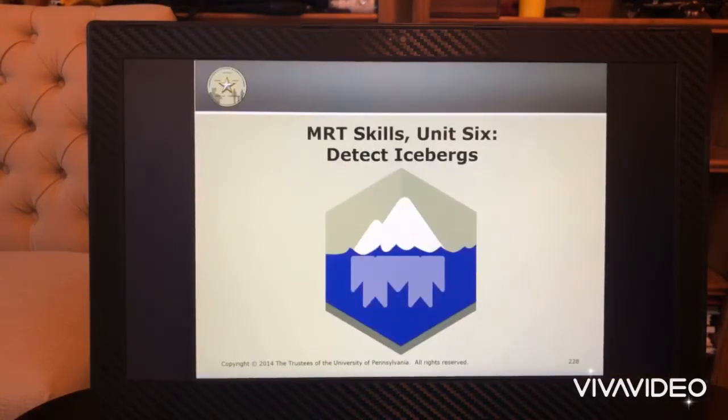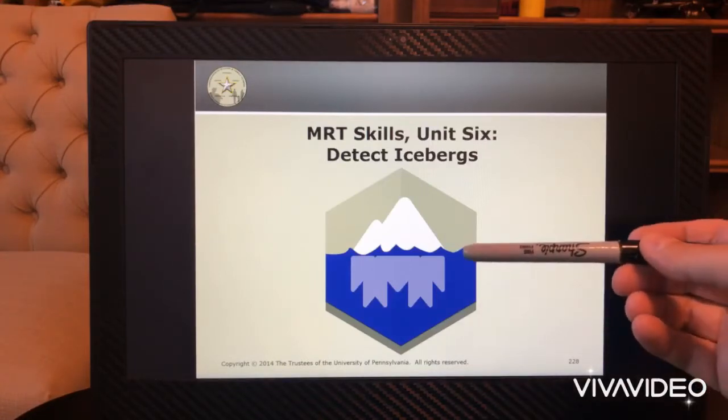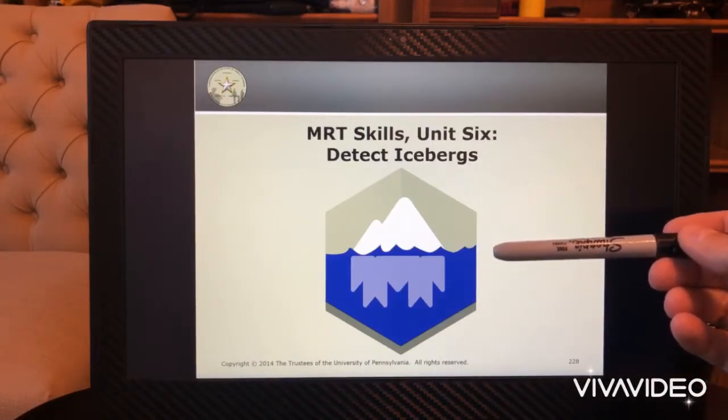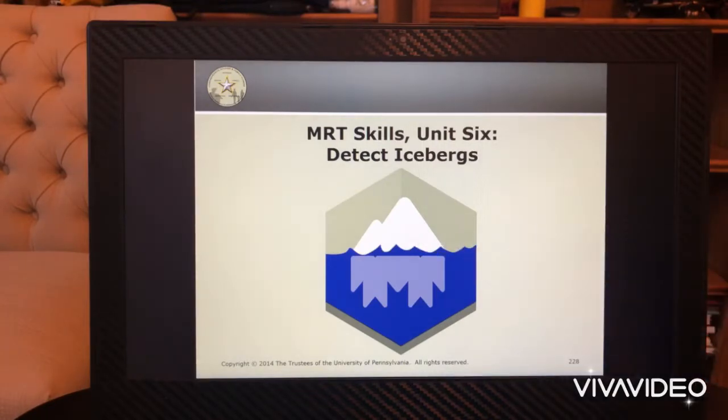I hope that video gave you a little bit more of a good picture as to what we're talking about when we're discussing icebergs. As far as icebergs are concerned, for the resiliency program and MRT as a whole, the way that we would represent the iceberg is, if you see this water line here, that is basically your level of awareness.